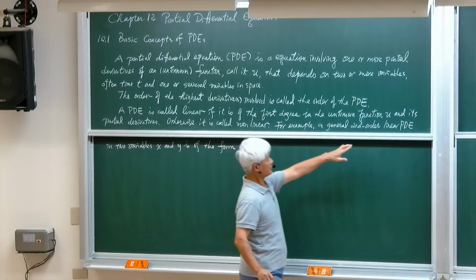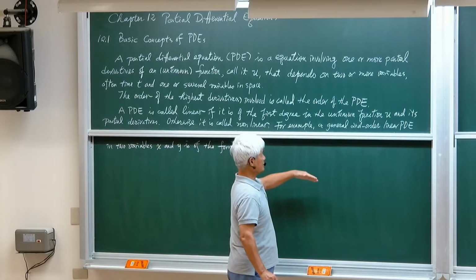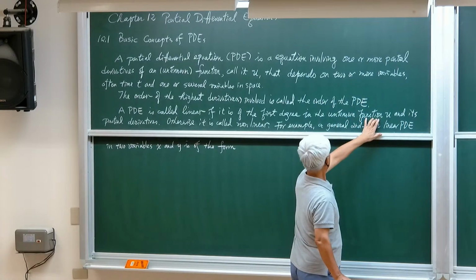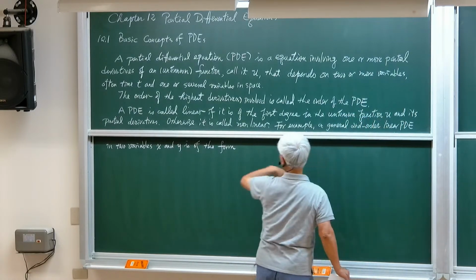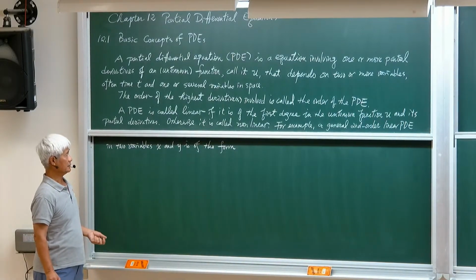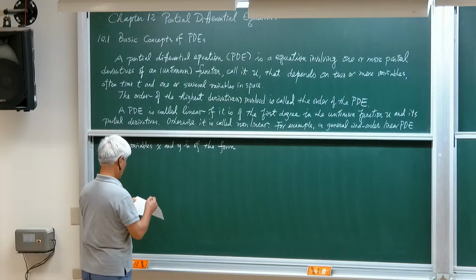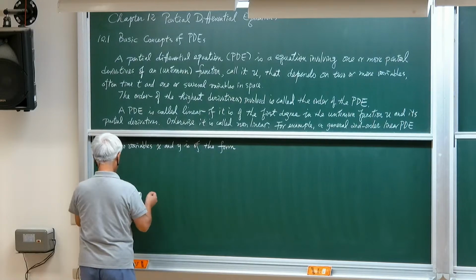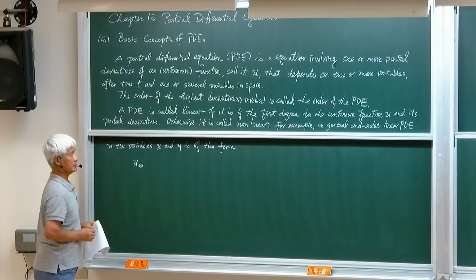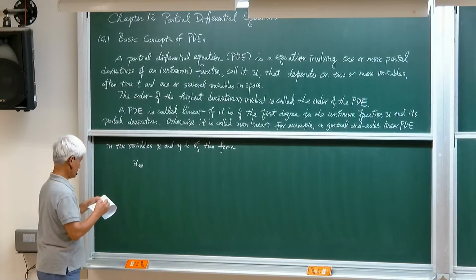And because it's linear, in this equation the unknown function u and its partial derivatives up to the second order will appear in the first degree. Alright, so this is the second order partial derivative with respect to x and x here.